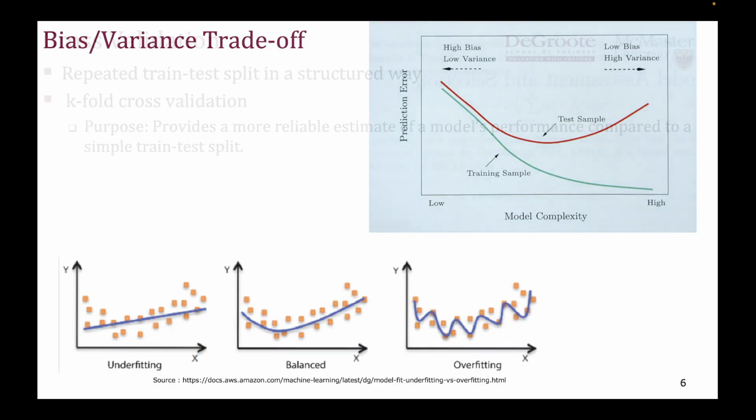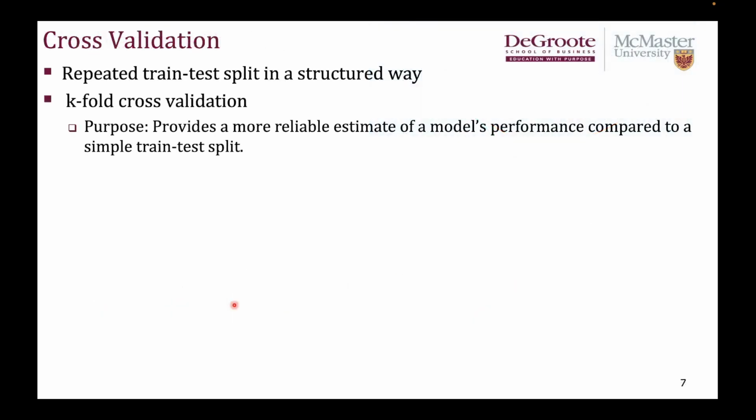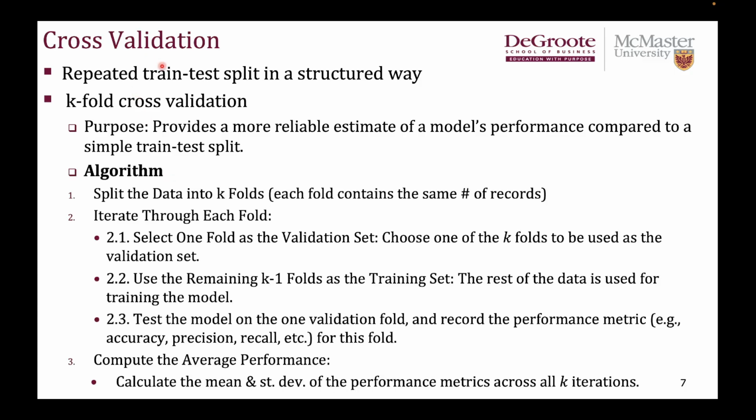But in terms of testing the performance of a model, of course we have the train test split, right? We test on the test segment of the data. But there's also something we can use to do better in terms of testing the performance, right? This is something called cross-validation.